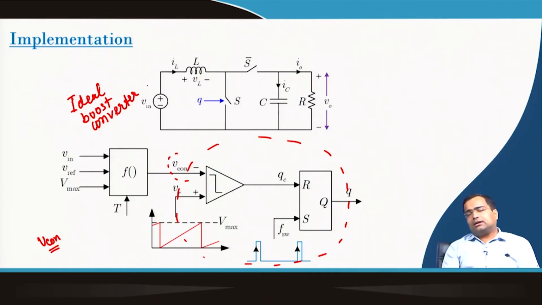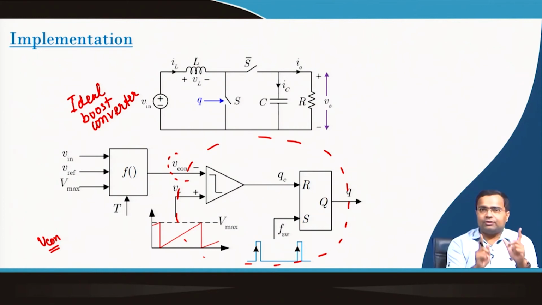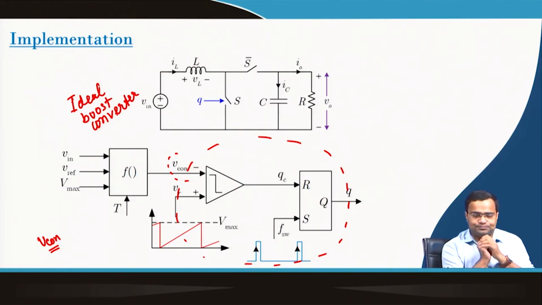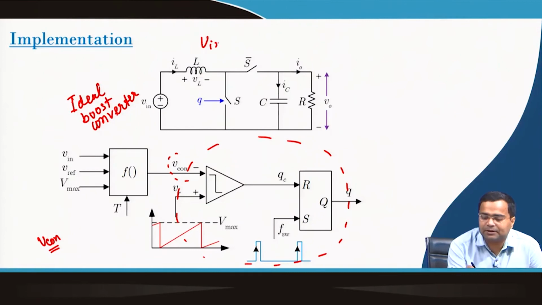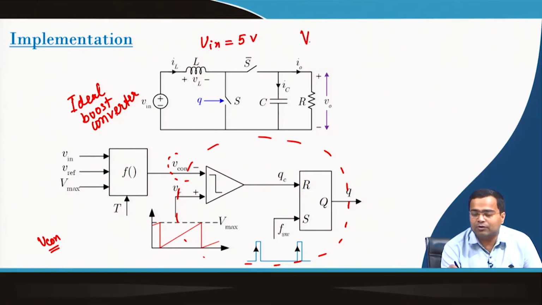I will ask a question. If the input voltage is given to you, let us say my V in is 5 volt, and I want to achieve my V0, which is let us say 8 volt.